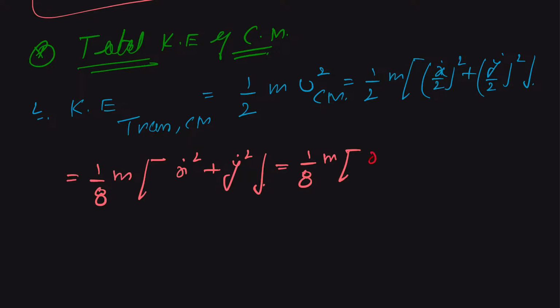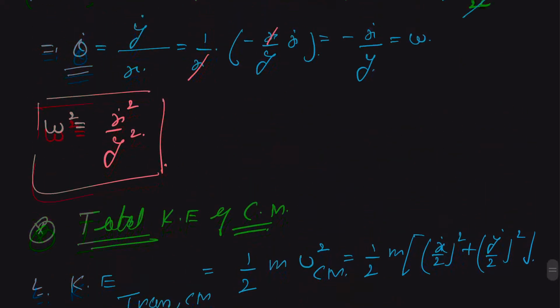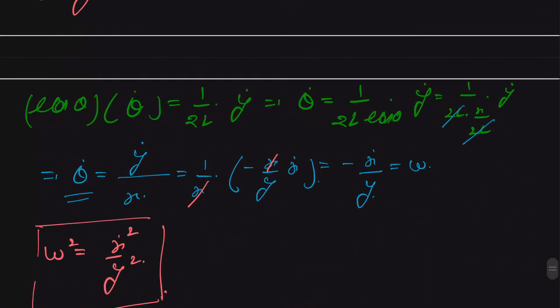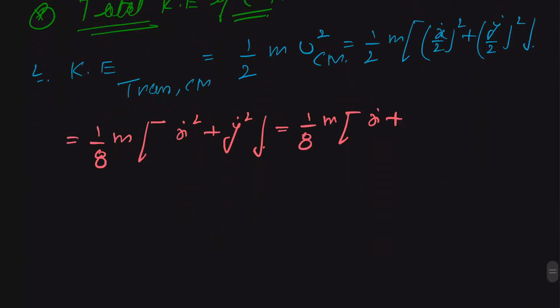This is our x dot plus y dot is our x upon y, x dot. Negative will be positive, so this will be coming as x upon y, x dot, and its whole square, and this is a square.